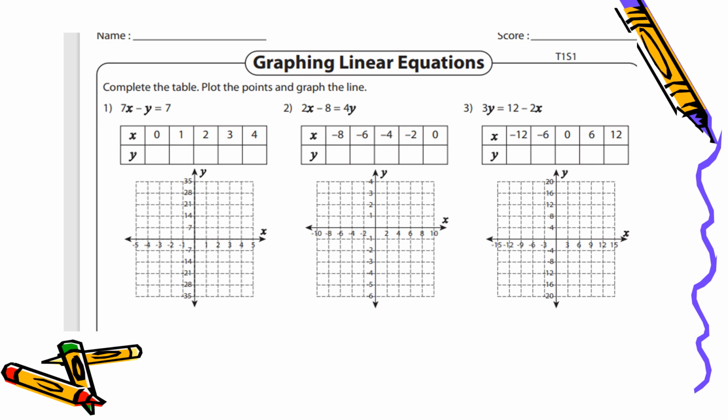Given a table of values here with x's 0 to 4, we can use the graph of this one to determine if it's linear or not. Let's continue to the next page.